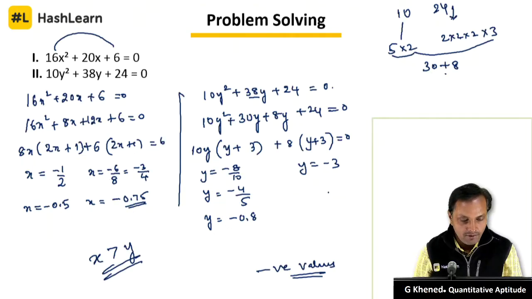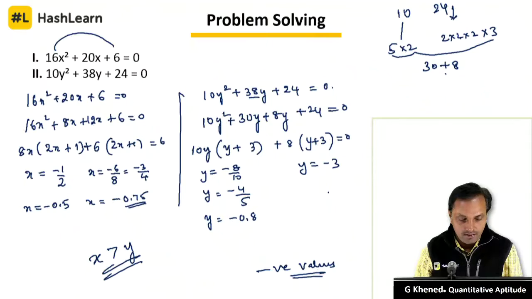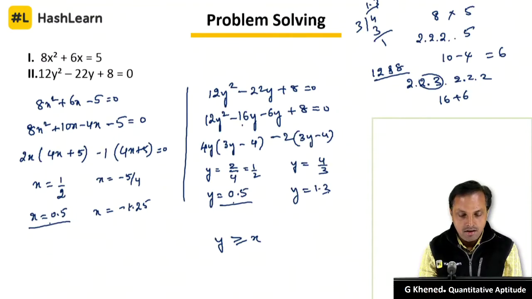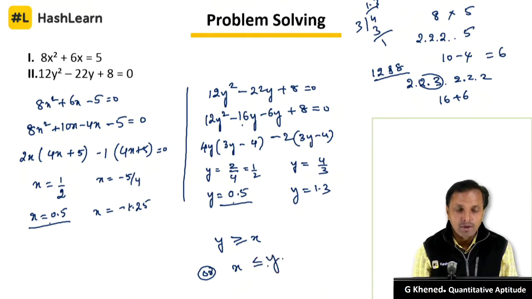So you can write this option as x is less than or equal to y. Is that okay? This is a problem where the values of x and y are same in a particular case. Therefore you should consider the equality sign.